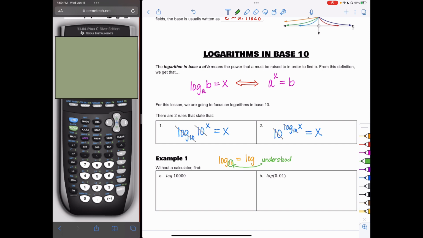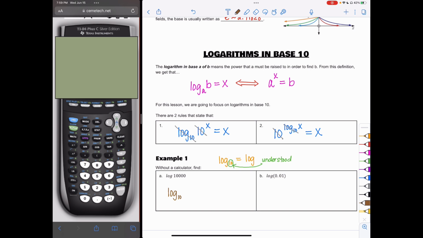For example 1, it says find the log of 10,000. Since I already know that I'm dealing with log base 10, I'm going to write this as log base 10. And I know that my log base 10 is going to cancel out with an exponential expression with the same base of 10.